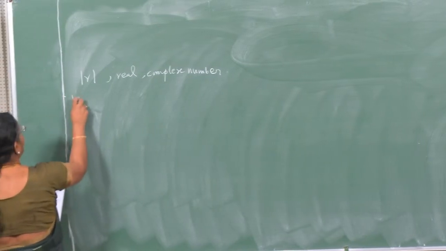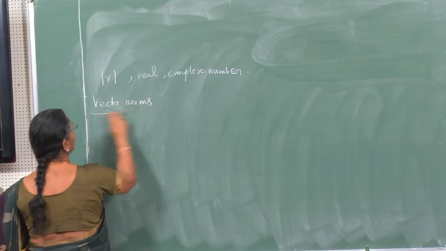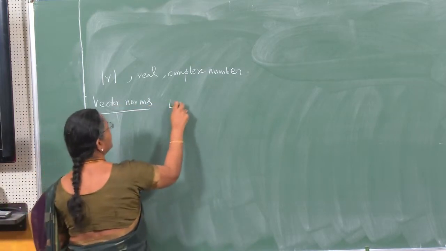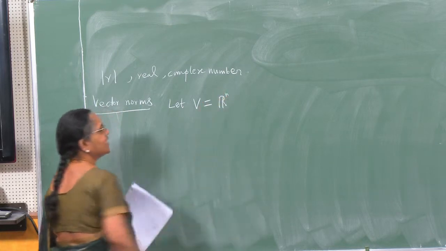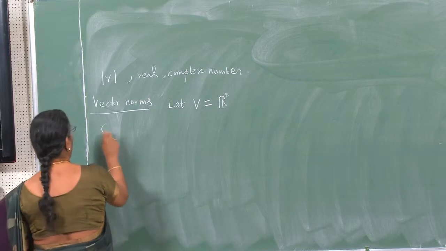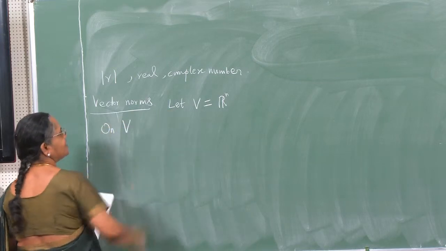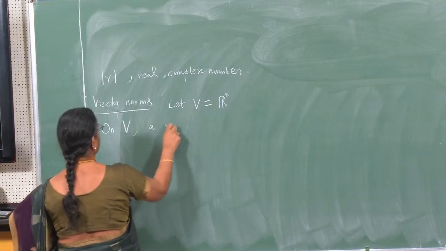So, we introduce what are called vector norms. Let us call the n-dimensional Euclidean space as V. Then on this set V, we introduce a norm.